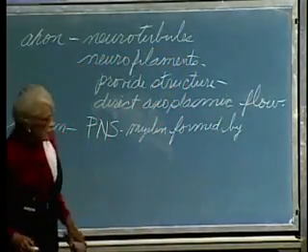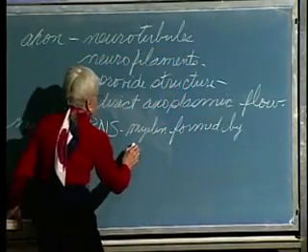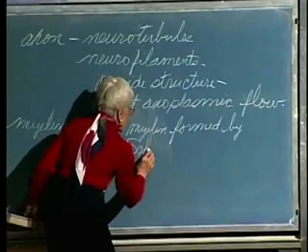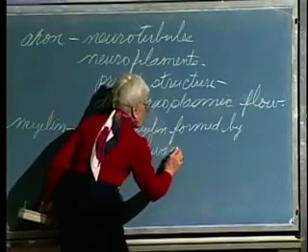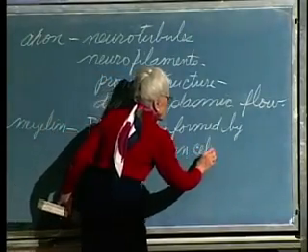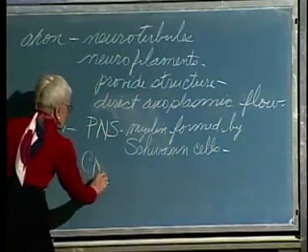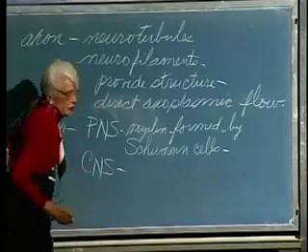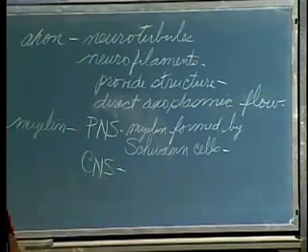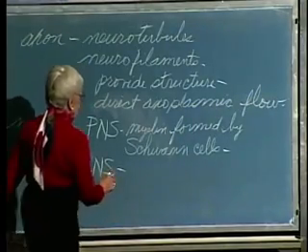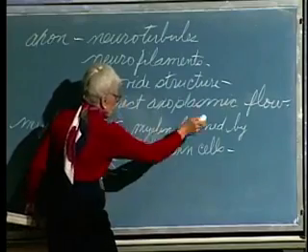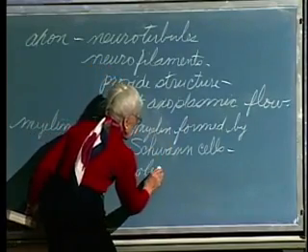Schwann cells, right. Schwann cells, after Mr. Schwann. In the CNS, myelin is formed from what? Oligodendrocytes, right.